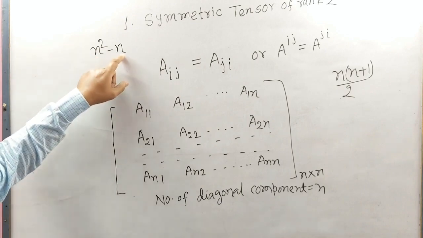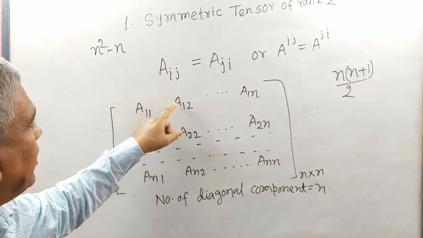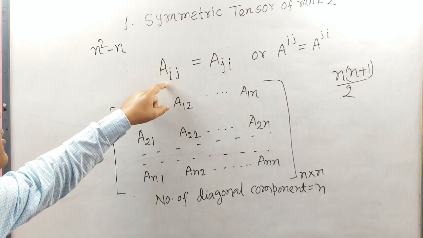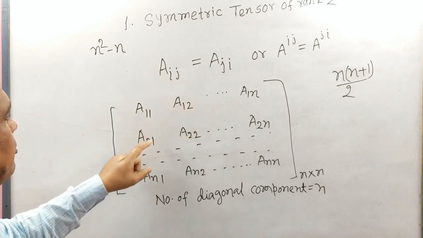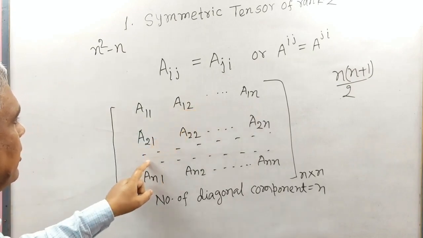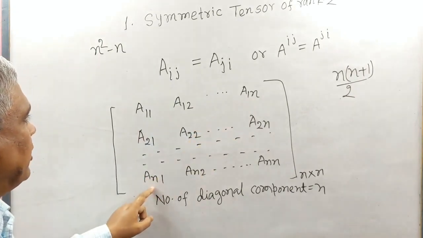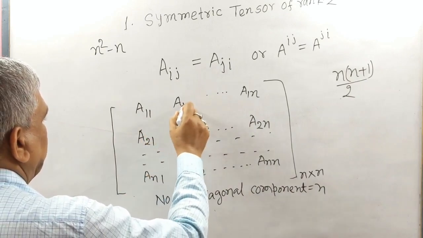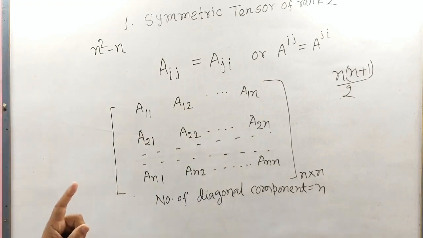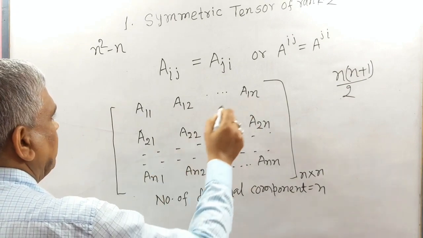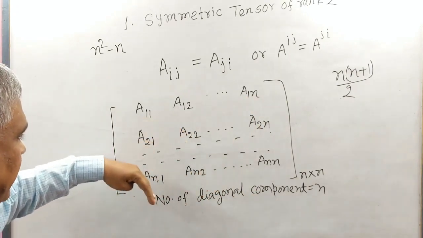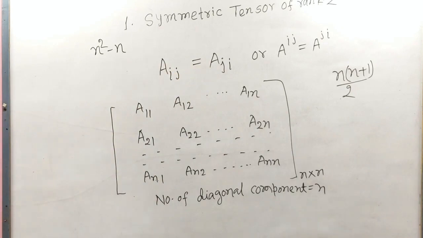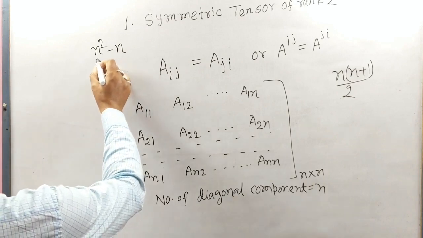But among non-diagonal components, due to the property of a symmetric tensor, A12 equals A21, A13 equals A31, A1n equals An1, A2n equals An2. For each pair we get only one independent component, because the components below the diagonal are dependent on the components above the diagonal. So the number of independent non-diagonal components equals n square minus n by 2.